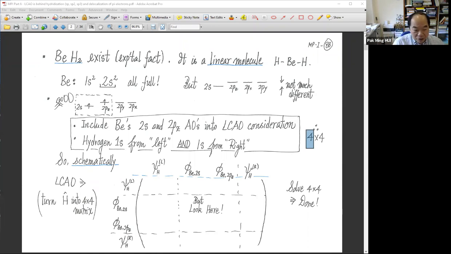Then you count. I have 2 electrons from beryllium and 1 from the left hydrogen, 1 from the right hydrogen. I have 4 electrons altogether. That will fill the 2 lower MOs, leaving these 2 empty. There may be bonding. That's the whole picture. Okay, do you follow me?